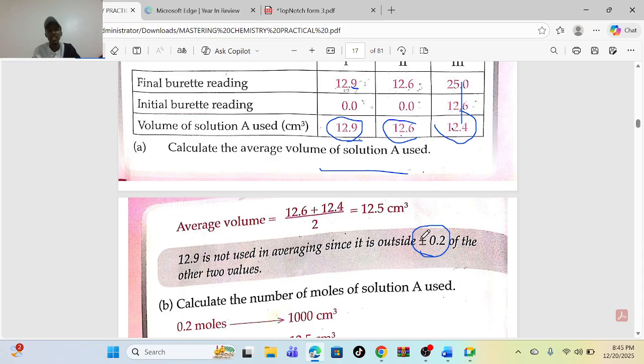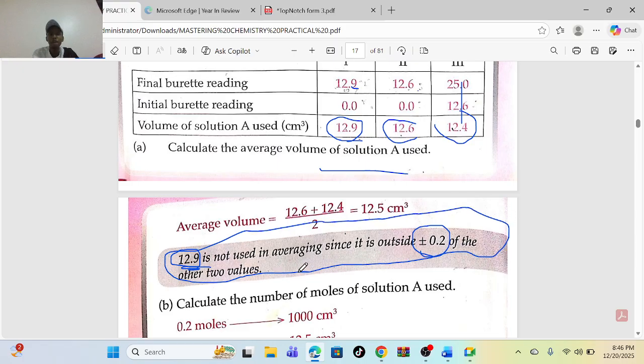Sasa hiyo kitu nimesema kitambo, nimekuambia because wana average 12.6 na 12.4. Angalia sasa hapa, 12.9 is not used kwa sababu gani? Since it is outside of plus or minus 0.2 of the two, iko far apart, iko mbali, so mbali haitumiki. Soma hapa. Sawa. Umeelewa? Yeah, asante.